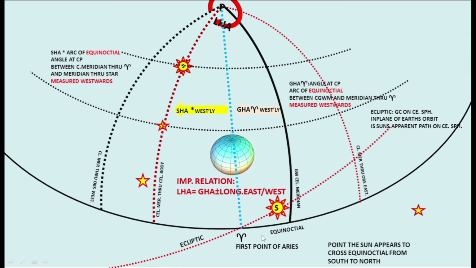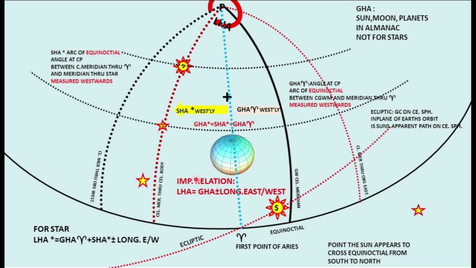Here we can see that the GHA would be the sum total of GHA Aries and SHA. In nautical almanacs, when we'll be solving some problems, we'll see that the GHA of sun, moon, planets is given, but not for stars. For stars, it gives us SHA. And to obtain the GHA of a star, I would have to add GHA Aries. So my GHA star is SHA star plus GHA Aries.